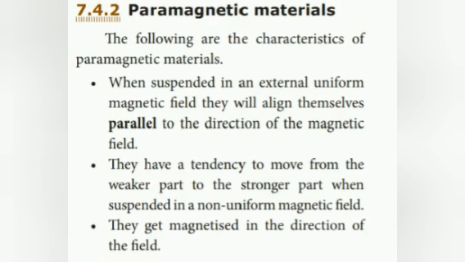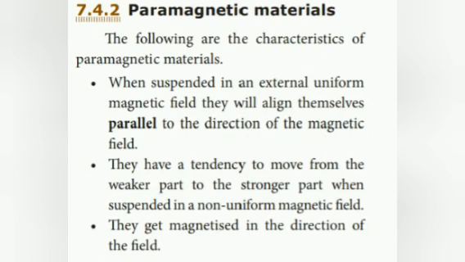In a paramagnetic material, when suspended in an external uniform magnetic field, they will align themselves parallel to the direction of the magnetic field, whereas in a diamagnetic material, it is perpendicular.